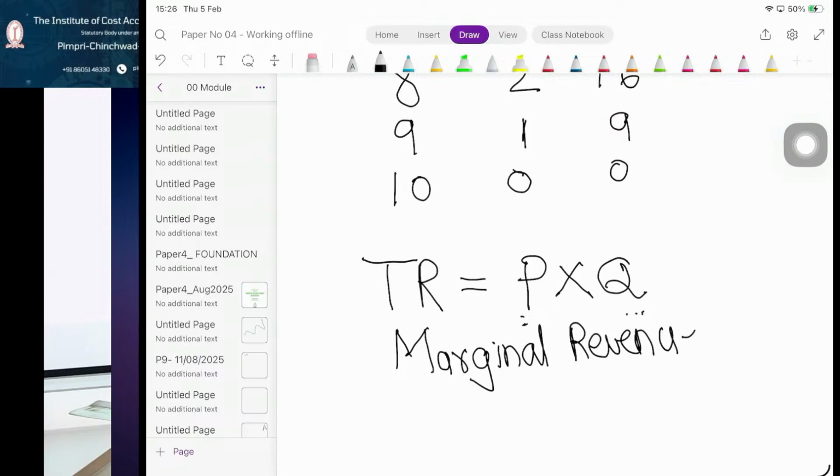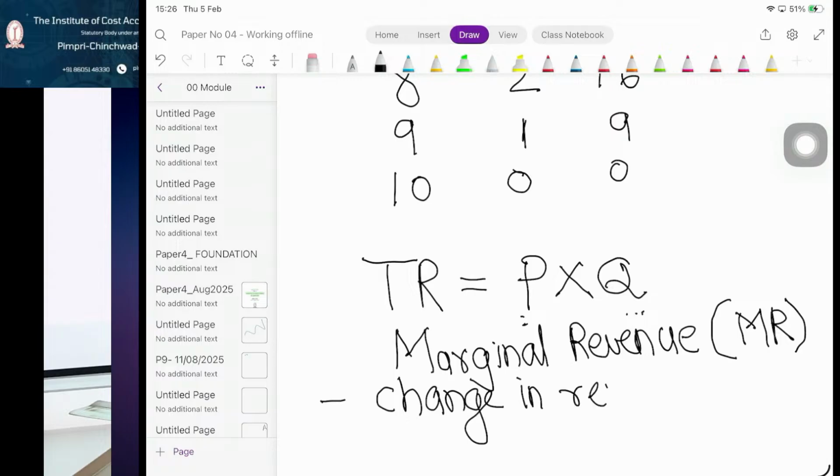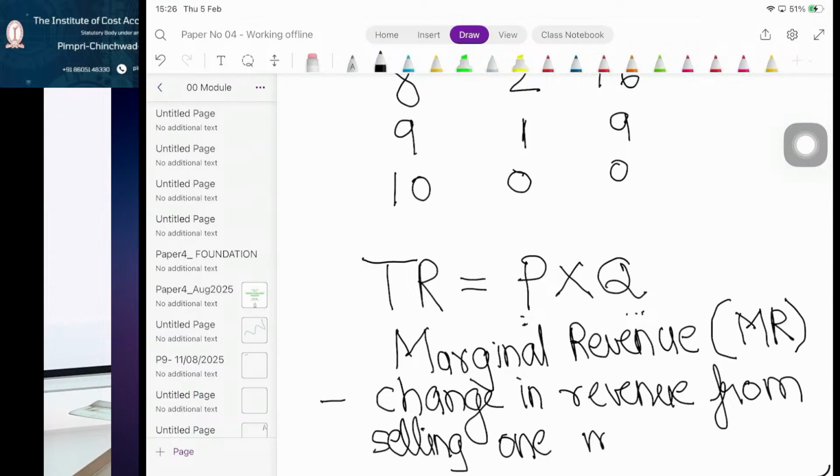Marginal revenue, and we can write this as MR. Marginal revenue is the change in revenue from selling one more unit.